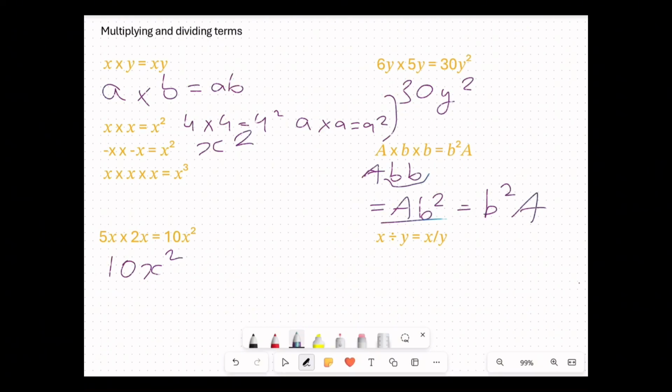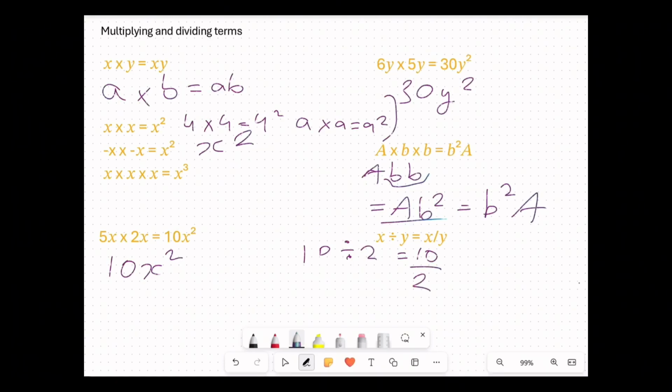Finally, we have x divided by y equals x over y. Now, this is a very common rule. If we take two numbers, 10 and 2, 10 divided by 2 is equivalent to 10 over 2.